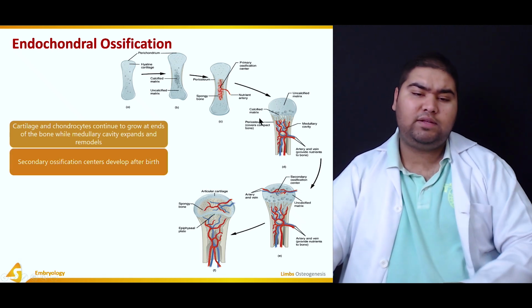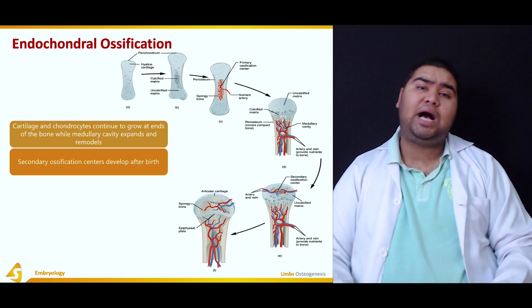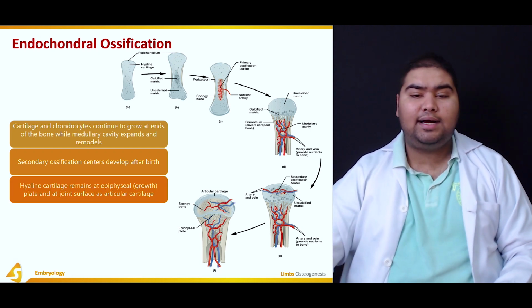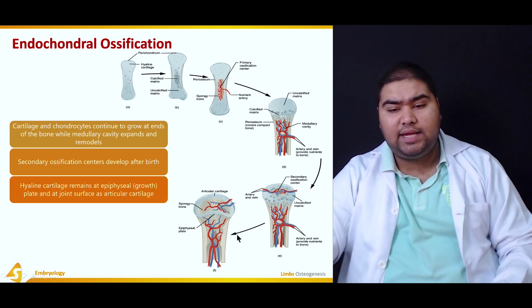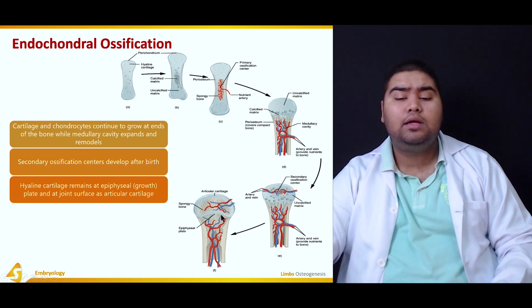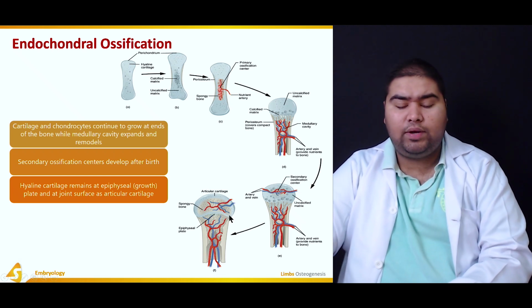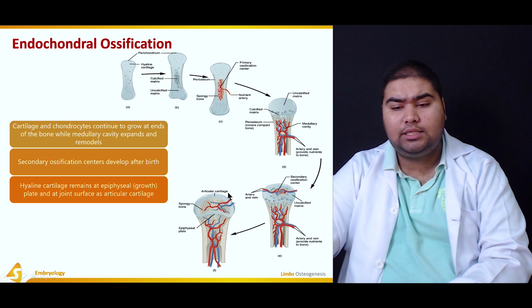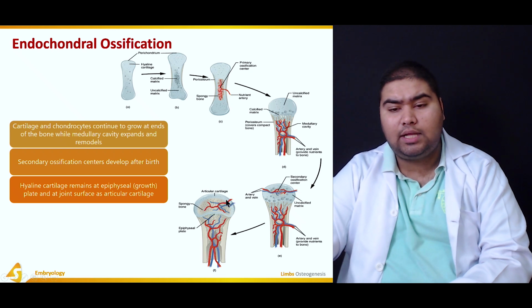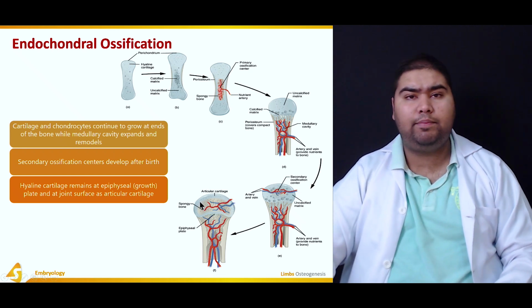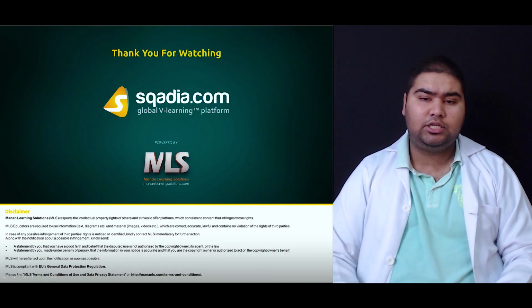Now the secondary ossification centers usually develop after birth. Hyaline cartilage remains at the epiphyseal plate, also known as the growth plate. This is the epiphyseal plate. Hyaline cartilage remains there, and the joint surfaces are now covered by articular cartilage.